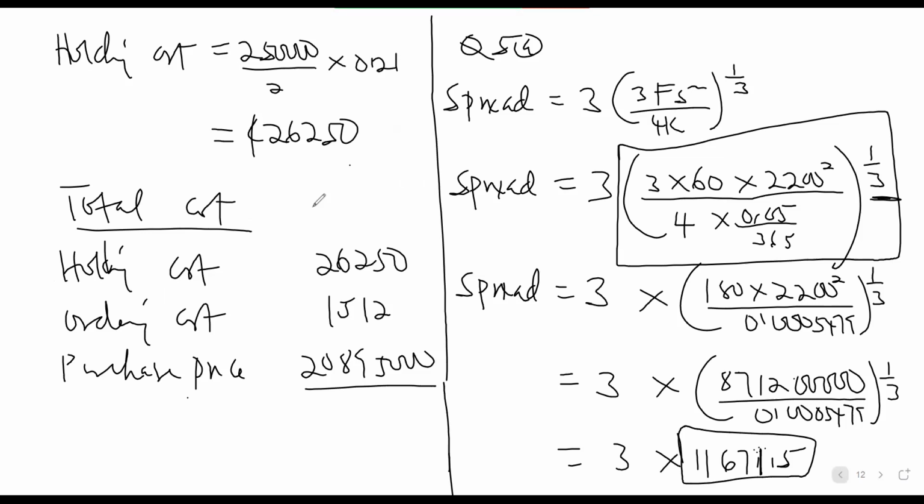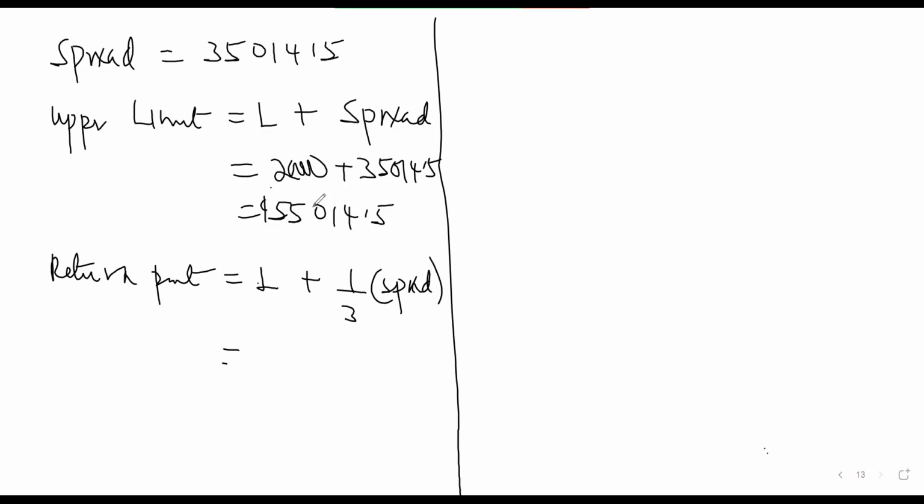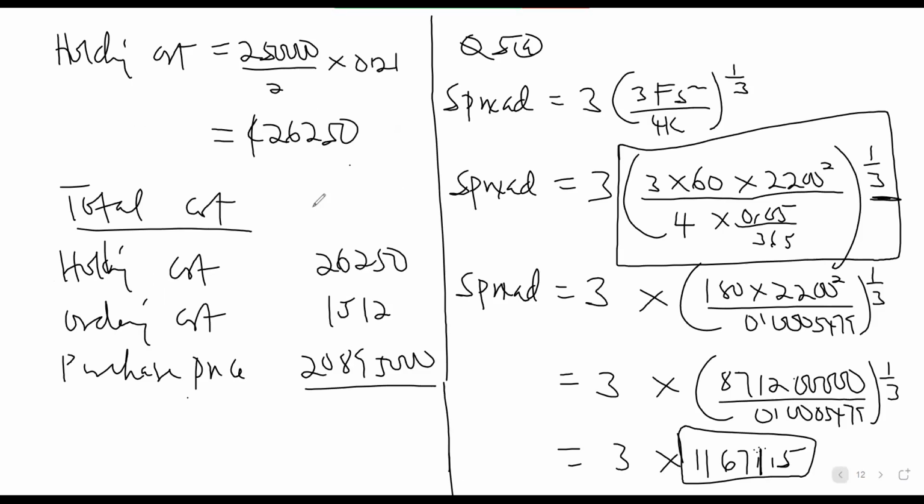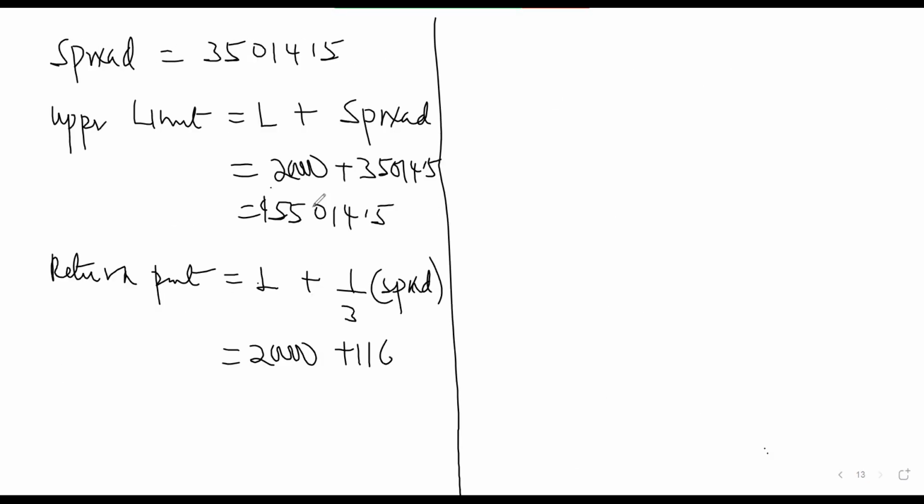That will give you 20,000 plus 11,671.5, and that will give you 31,671.5.